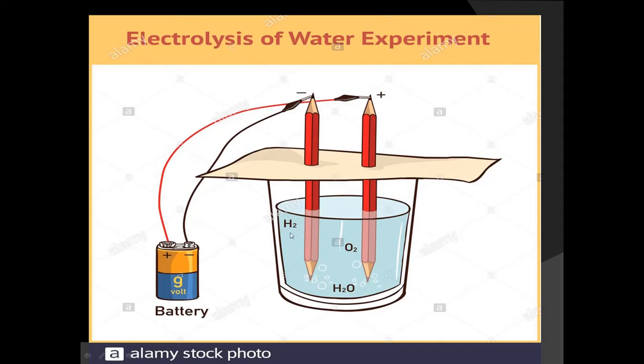Bubbles of hydrogen collect over the negative terminal, and bubbles of oxygen over the positive terminal. This is a simple electrolysis of water experiment. Go ahead and try this and share your video with me.